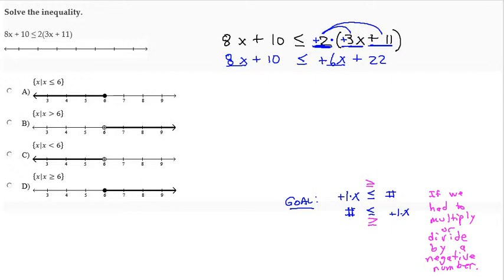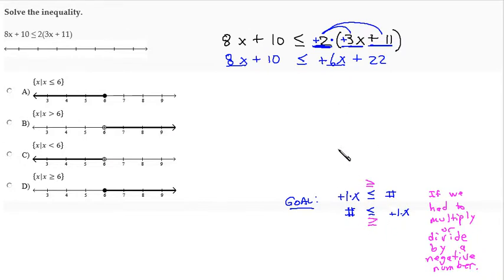What I see at this point is, let's decide which side to send the x's. I say that if we subtracted 8x from both sides, if we eliminated the x, made it a 0 on the left side, and then balanced the equation by subtracting 8x from the right side, we would be left with a negative 2x.